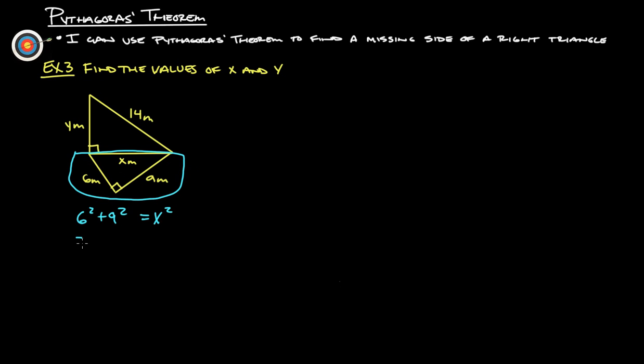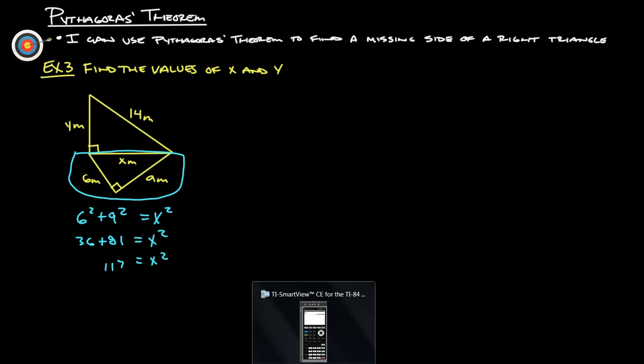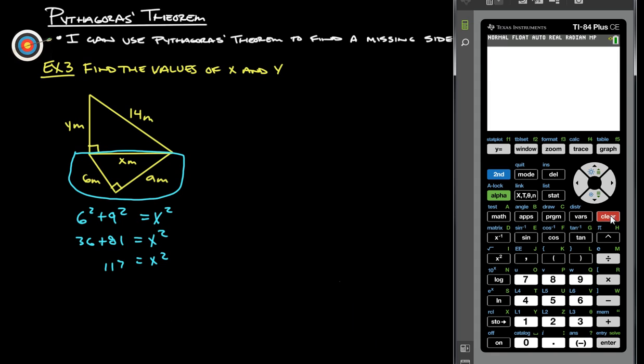equals x squared. So 36 plus 81 is x squared. So if we add those together, we have 117, right? So we just want to take the square root of 117.